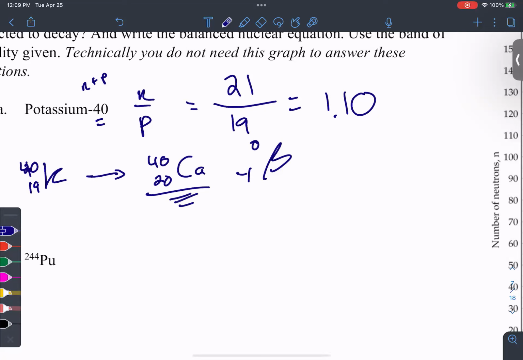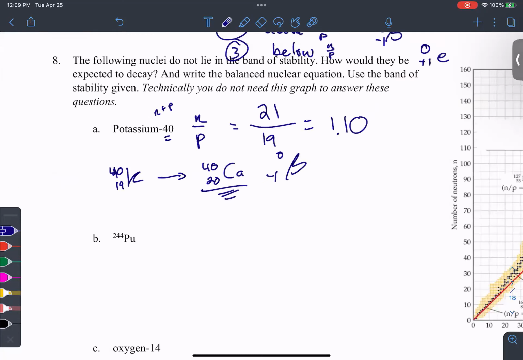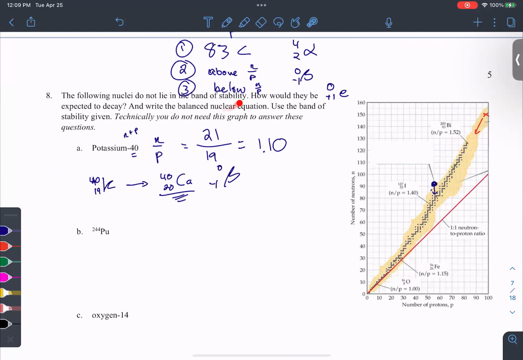What's the neutron to proton ratio there? 1. Is that stable? Yes, it is. If you for some reason forget this, just try all of them. Calculate the new neutron to proton ratio and see how you can get more stable.